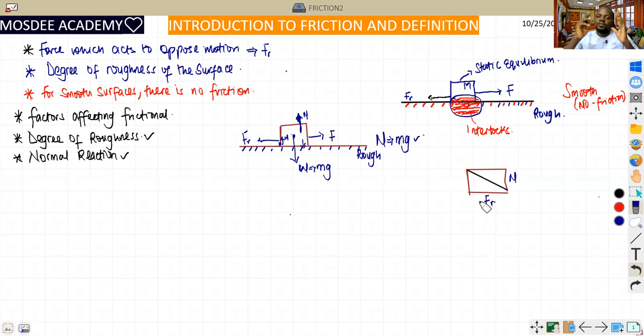So the cumulative effect of all these forces is called the net contact force. All the cumulative effect is taken as something like your hypotenuse, or whatever you call it in mathematics.